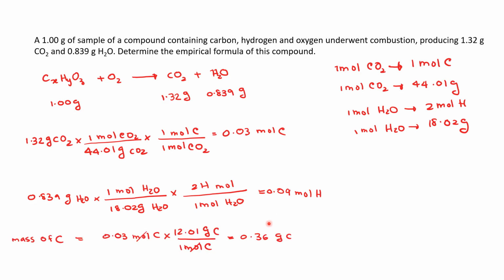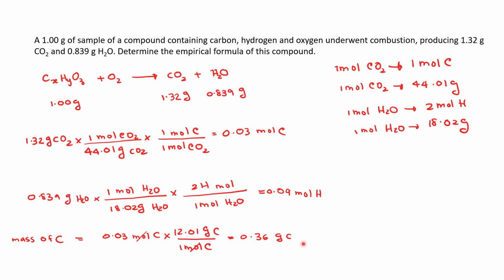Now we know the mass of this compound. So if we find the mass of carbon and the mass of hydrogen, we can find the mass of oxygen. To find the mass of carbon, we start with the number of moles. We have 0.03 moles of carbon and 1 mole of carbon weighs 12.01 grams.